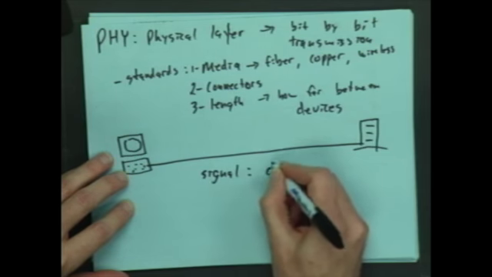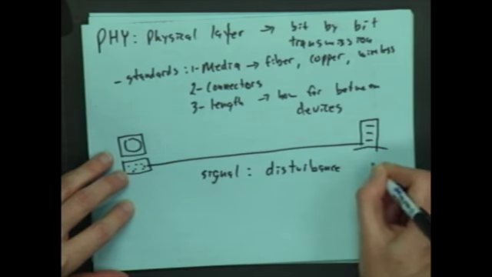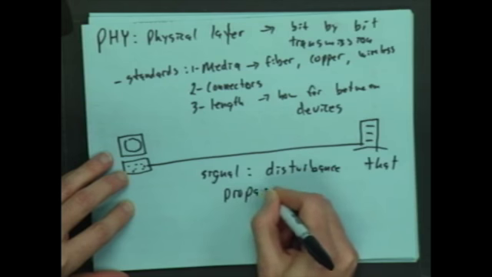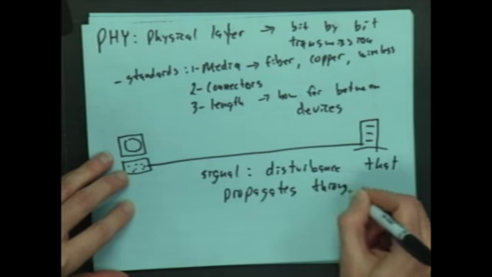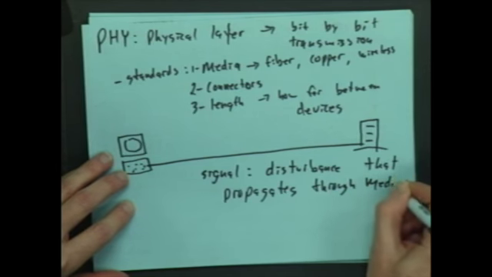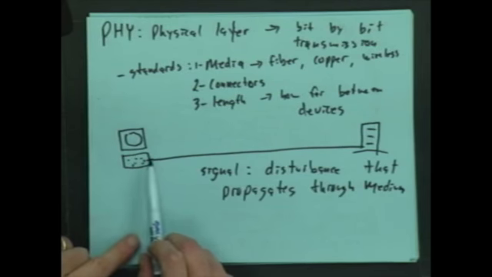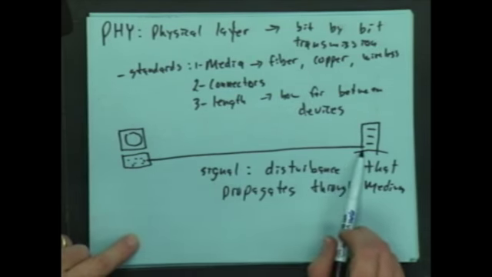Now, when I want to send a 1 or a 0, I need to send a signal. A signal is a disturbance that propagates through the medium. All right? So my signal here is going to be some sort of disturbance that is going to move through this medium.